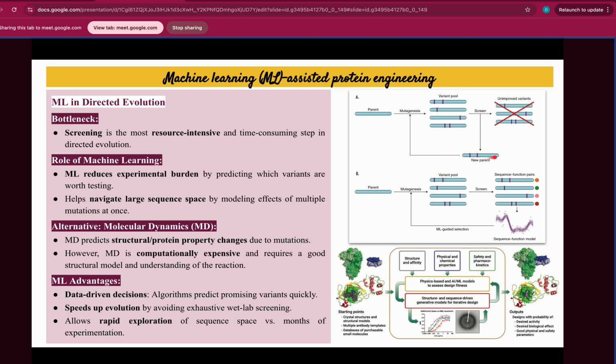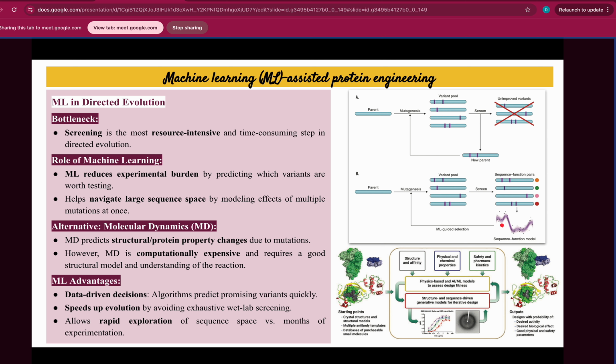Here is an example. If you are doing it experimentally, then most times you get variants which are unimproved, so you are losing time. But with machine learning, you can perform the mutagenesis, you have a variant pool, you can screen it, you can make sequence-function pairs based on the available knowledge, and you will design which sequence can give which function.